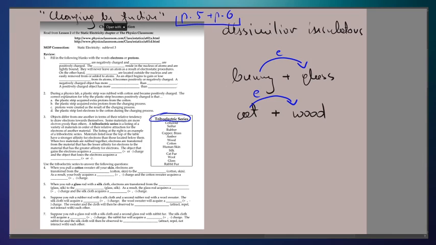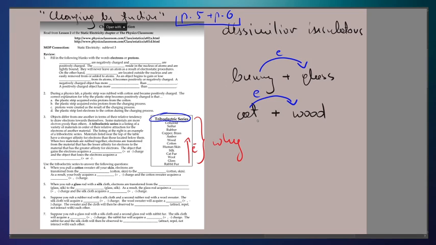Now, as far as the question, why is it that electrons are transferred in this direction? The answer is we don't know. To the best of my knowledge, we don't know why electrons go from material A to material B, or at least that was the case about 5 years ago when I actually checked, trying to figure out why electrons move from one substance to another versus in the opposite direction.